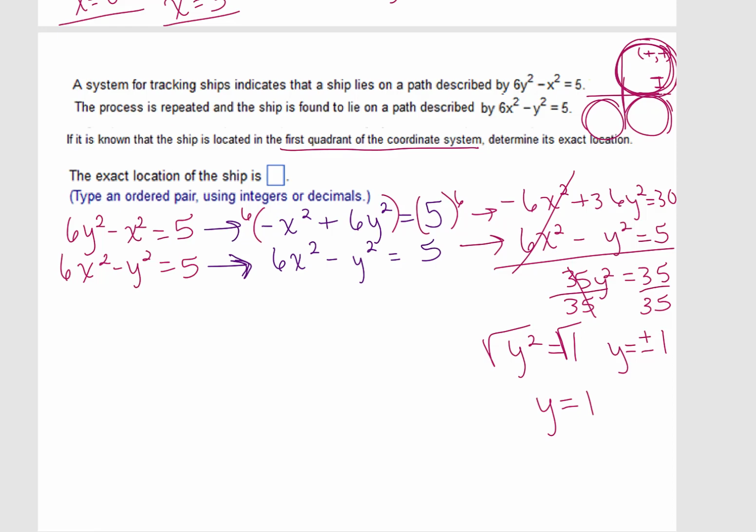Okay, so I'm going to take my first equation, plug in positive 1, and now we're solving for x. So 1 squared is 1, 6 times 1 is just 6.